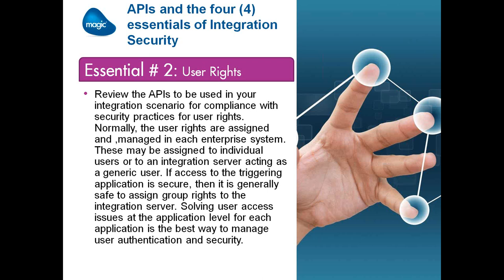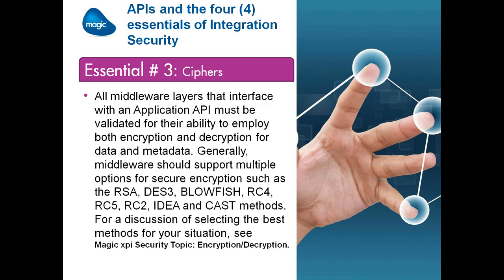You have to consider all the possible business use scenarios and security breaches that could occur. If access to the triggering application is secure, then it's generally safe to assign the group rights to the integration server. Solving user access issues at the application level for each application is therefore the best way to manage user authentication and security. The third thing is the idea of ciphering, or encryption and decryption.